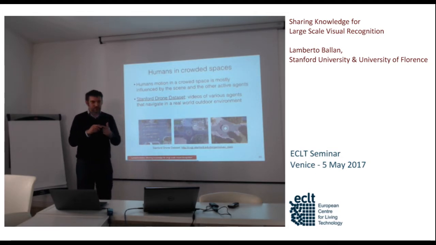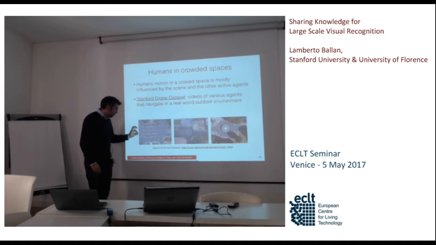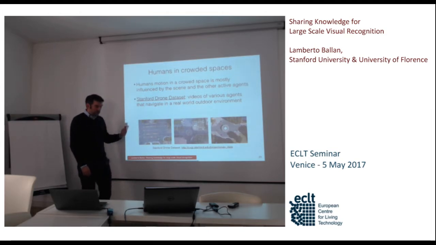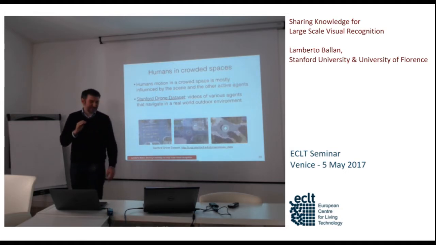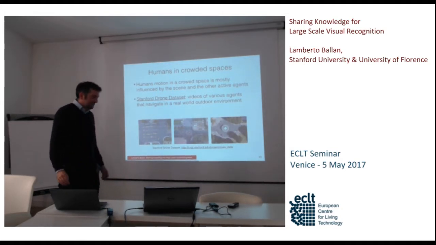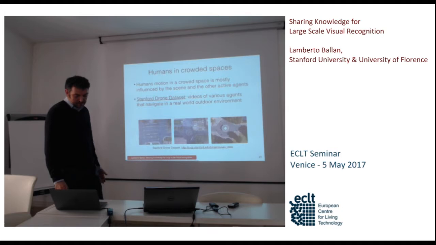Here the ground truth means the trajectory. For each point, you have the exact trajectory for each one of the people that you can observe here. So this was really painful, as you can imagine. And there is a company that did some of this work. But this is an interesting dataset.